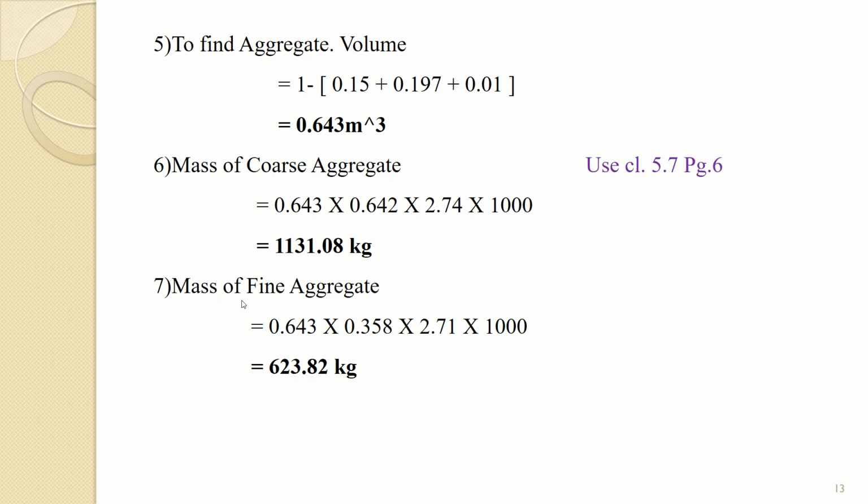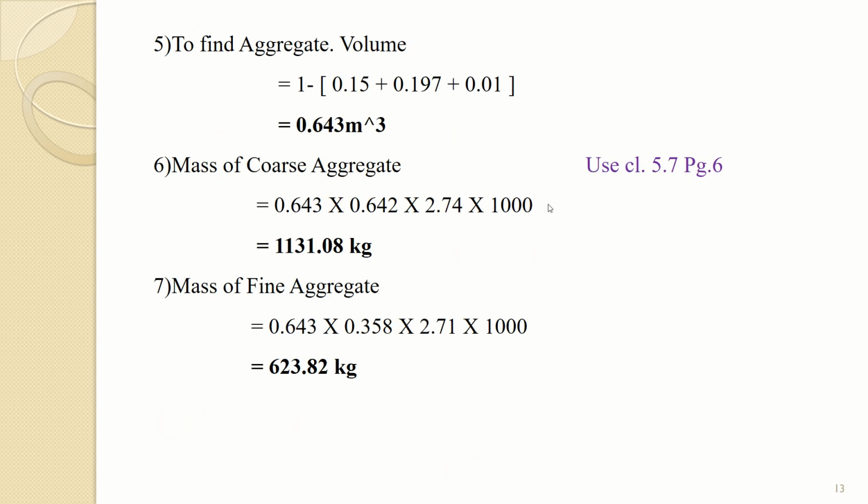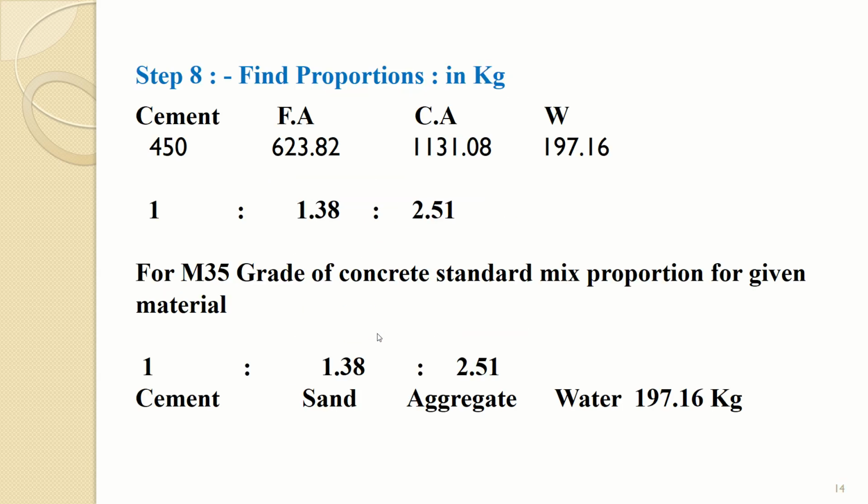Similarly find out the mass of fine aggregate: the total aggregate volume multiplied by the volume proportion 0.358, multiplied by specific gravity, multiplied by 1000, you will get the mass of fine aggregate.